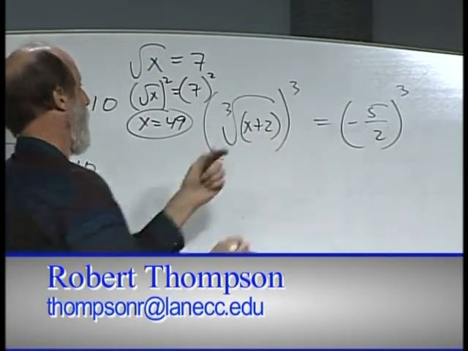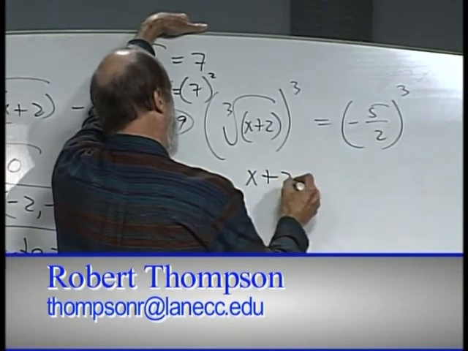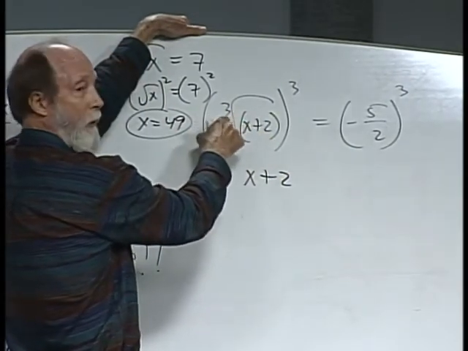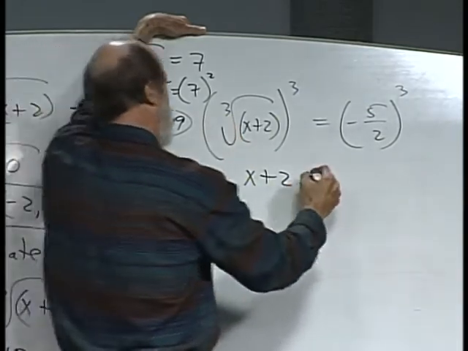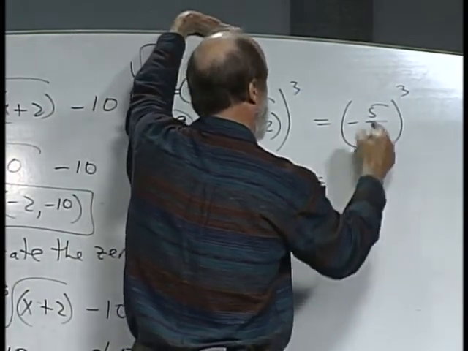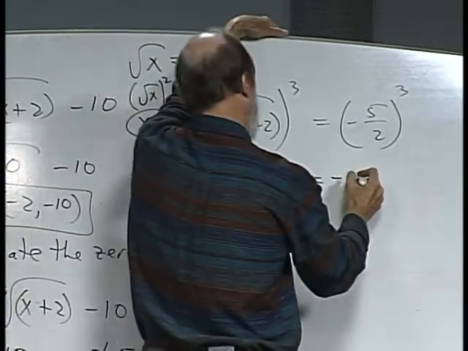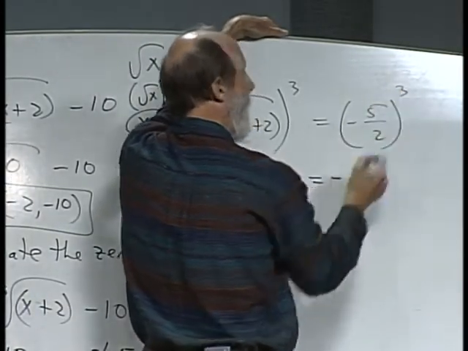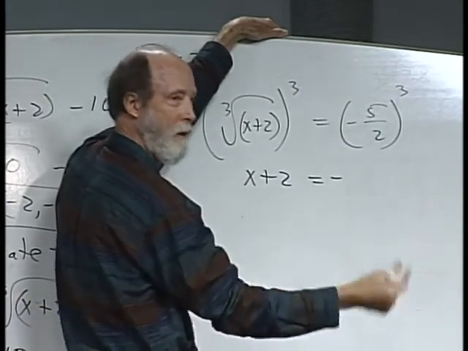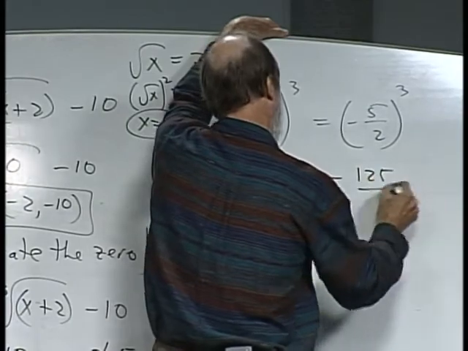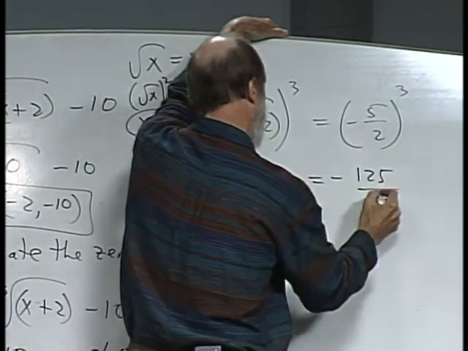So when we do this, we get x plus 2. We have released the thing we're looking for from that thing that was holding on to it. And over on the right side, we get negative cubed is still negative, isn't it? Negative. And you cube 5 and you get 125 over 8.